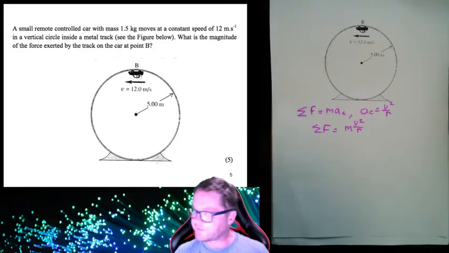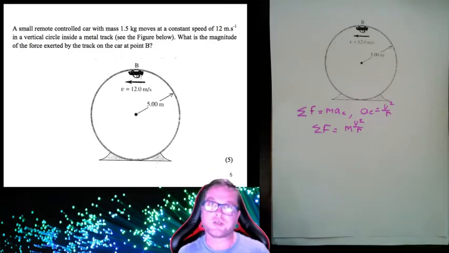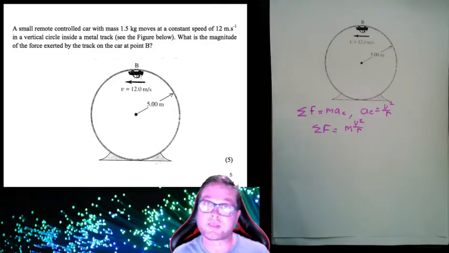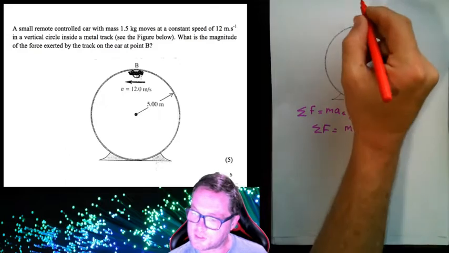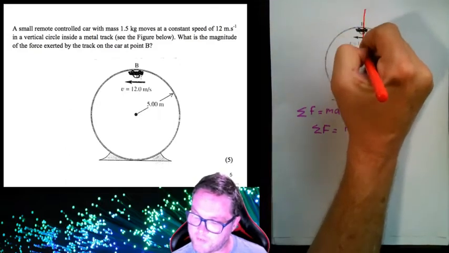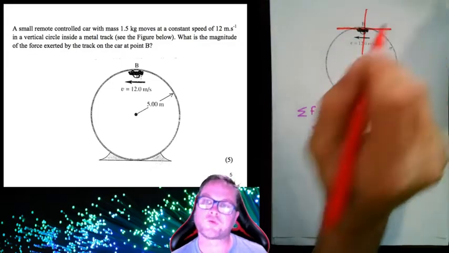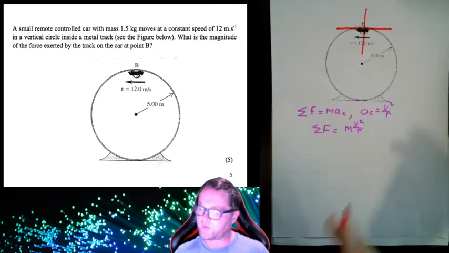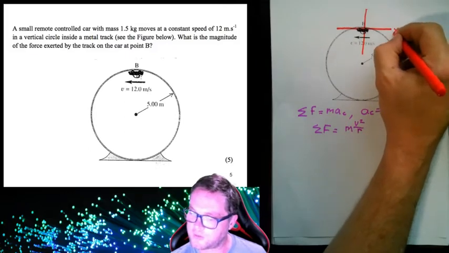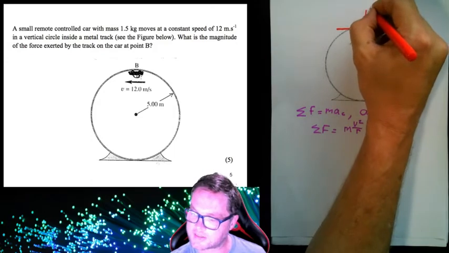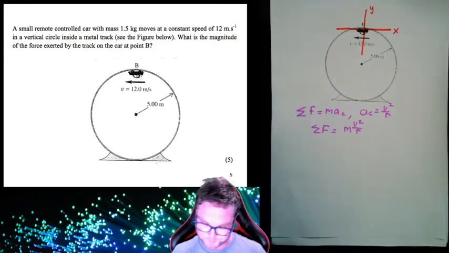You can see from this problem we're going to be solving it in a similar way to the way we treated the problems in previous chapters. We're going to start by considering the sum of the forces, and in order to do that we need to have an axis and draw in all our individual forces. As before, we place the axis where the object is orientated, and we indicate the x and the y axis.